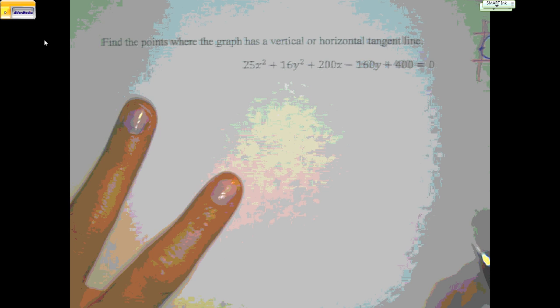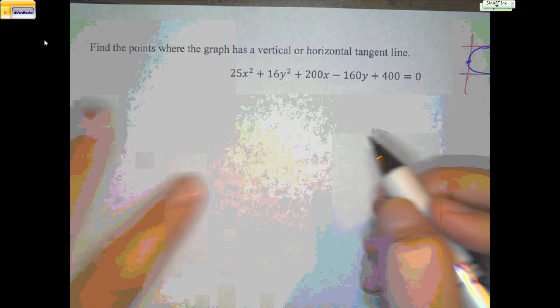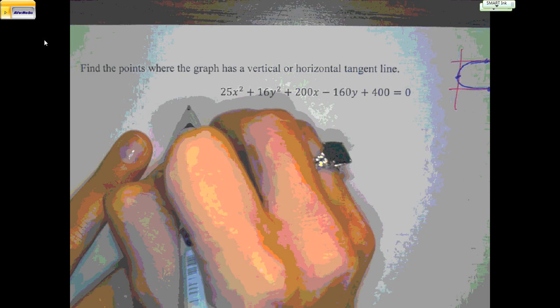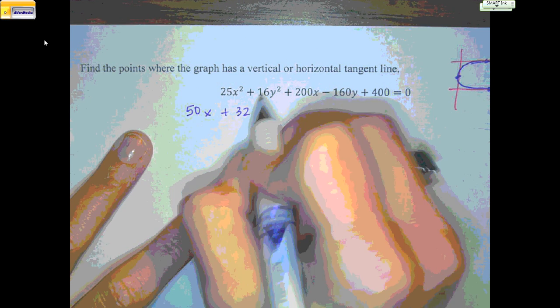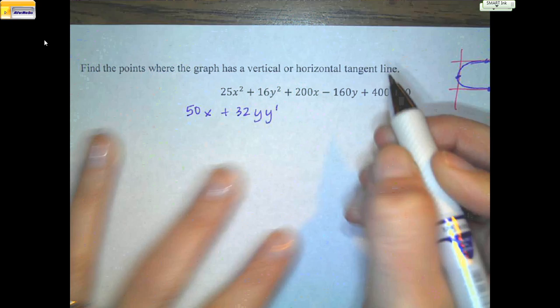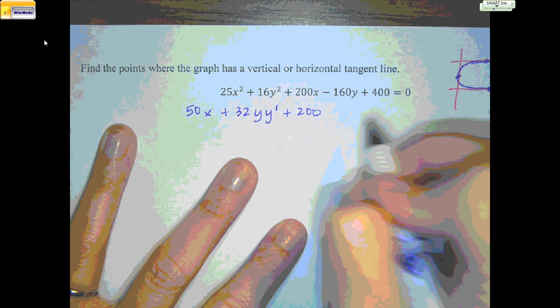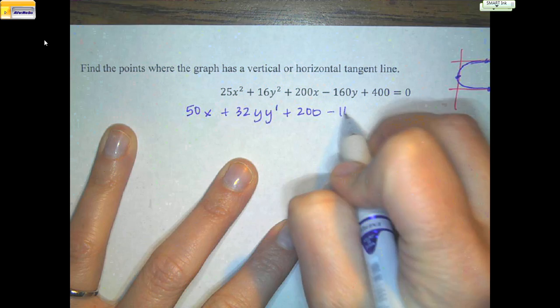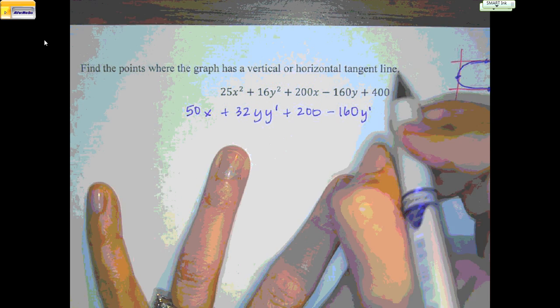All right. We're talking about tangent lines. We know that we need to deal with the slopes, so we're going to have to find the derivative of this. So let's do that. We've got 50x plus 32y prime plus 200 minus 160y prime equals 0.